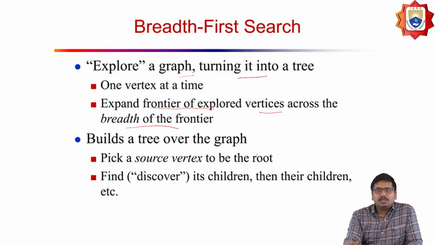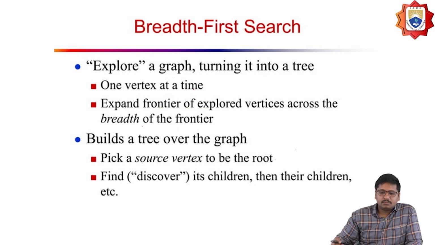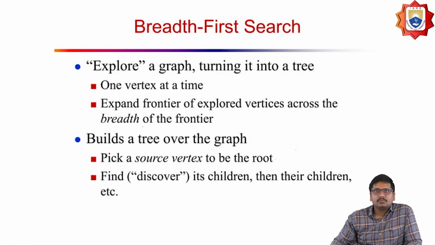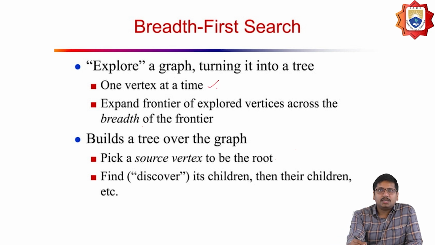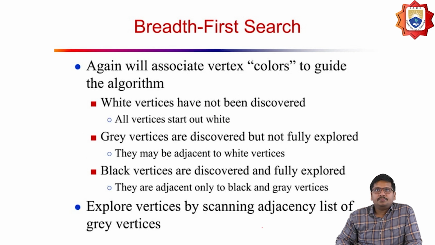So build the tree over the graph such that you pick the source vertex as the root and find its children, and then their children again.